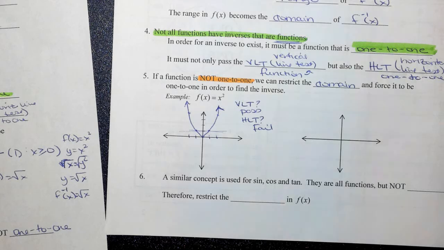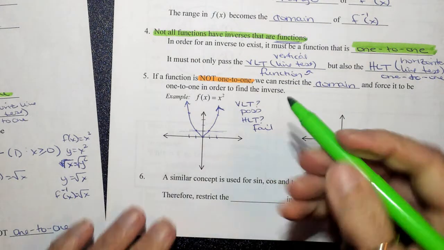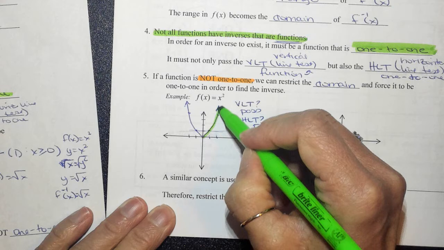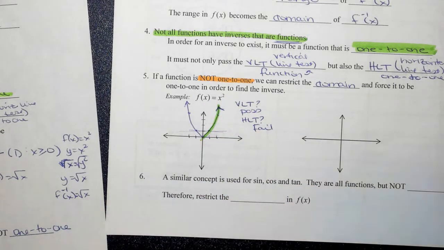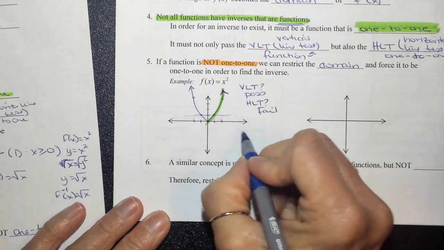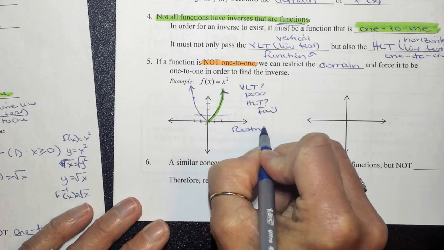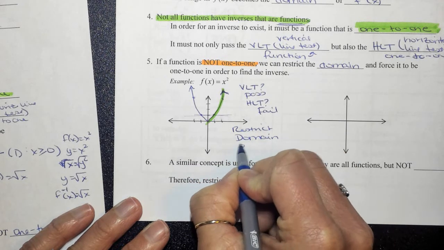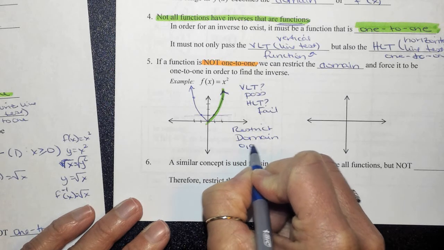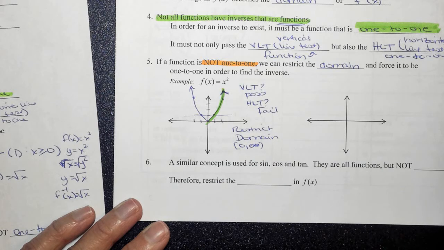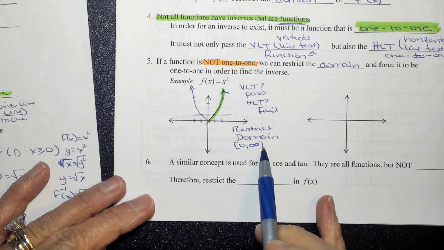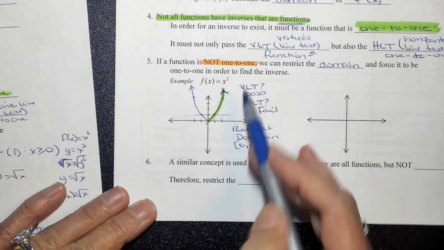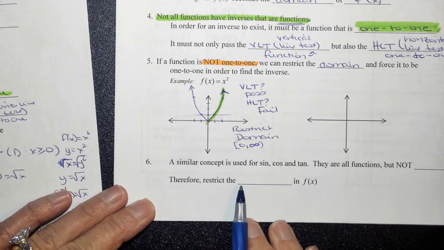But if we were to restrict the domain, so let's say we restrict the domain right here. So let's restrict the domain. And we're going to go from 0 to infinity. Okay, why are we choosing 0 to infinity? Because everything is positive, meaning we have no negative x values.